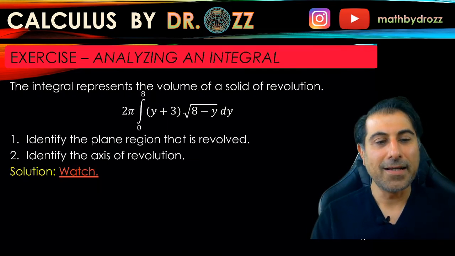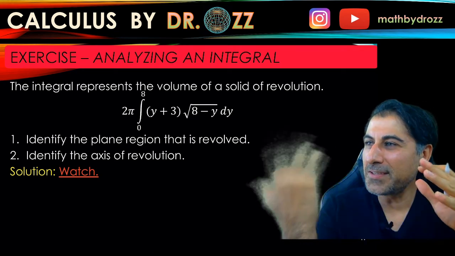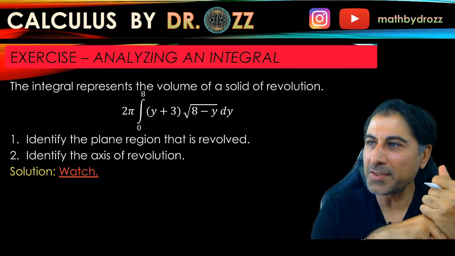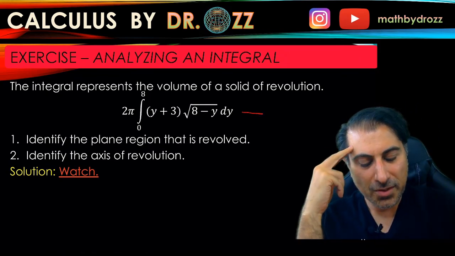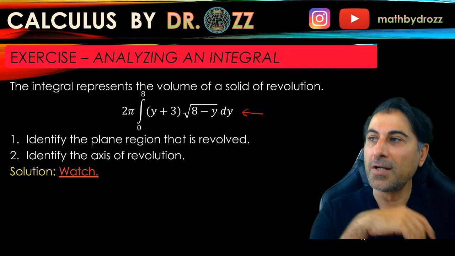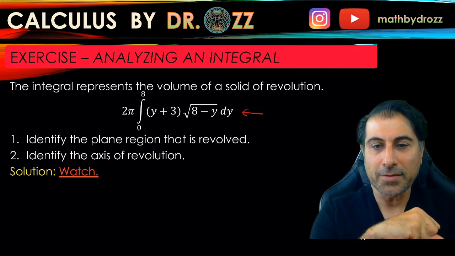And the final exercise in the list is sort of an inverse problem. So you're given an integral that represents the volume of a solid of revolution. This integral is written in terms of either the washer method or the shell method.